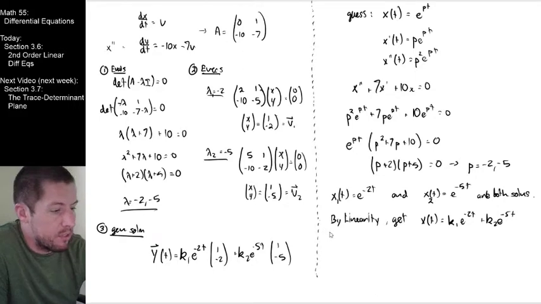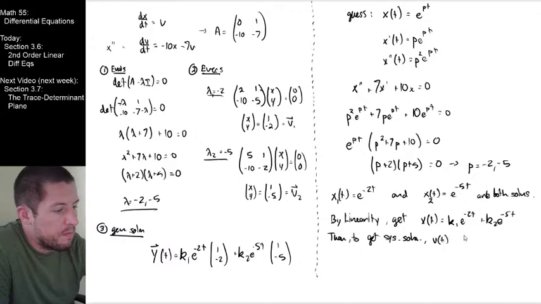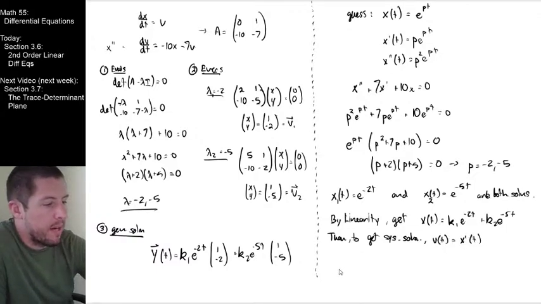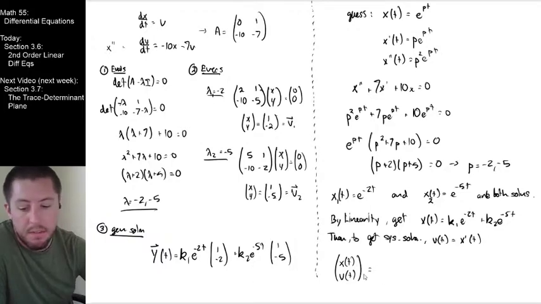So to get the system solution, v of t equals x prime of t. And so we're going to end up getting that our v is just the derivative of our x stuff out there, right?